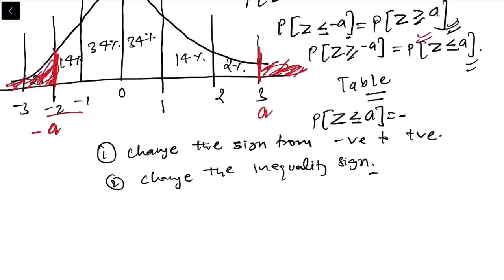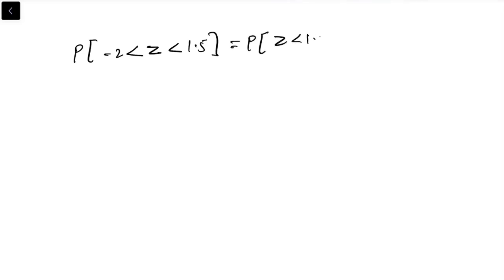Now let's look at one example. Say probability z is greater than -2 but less than 1.5. We know how to break this: probability z is less than 1.5 minus probability z is less than or equal to -2.